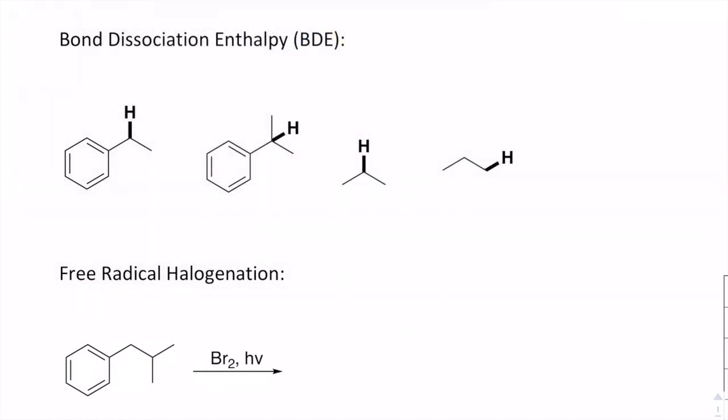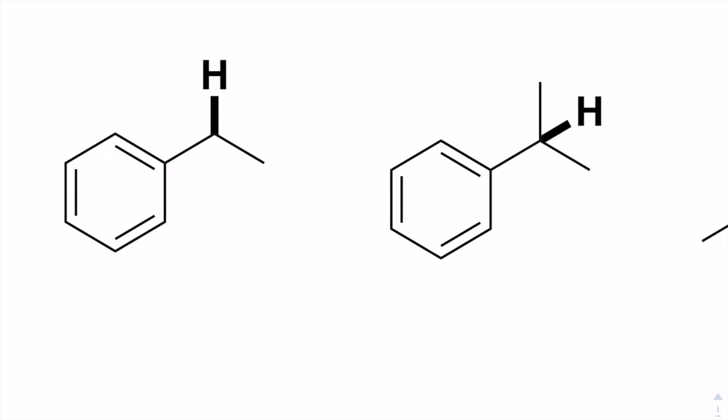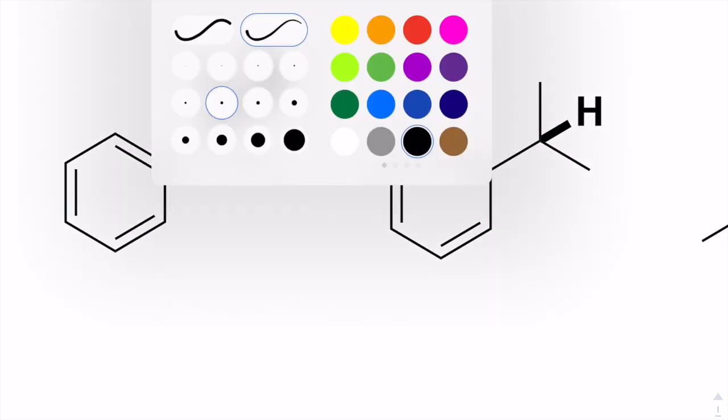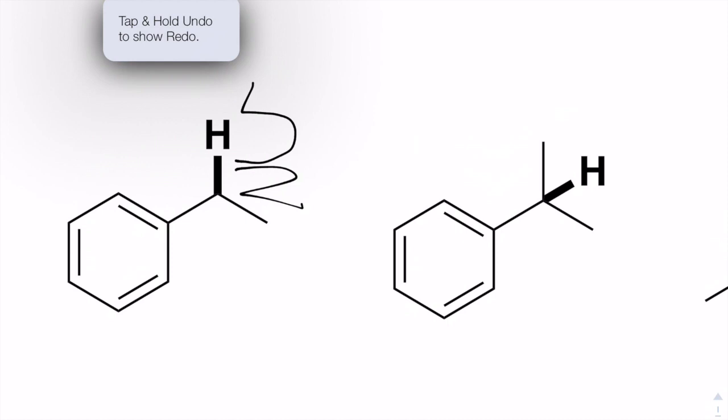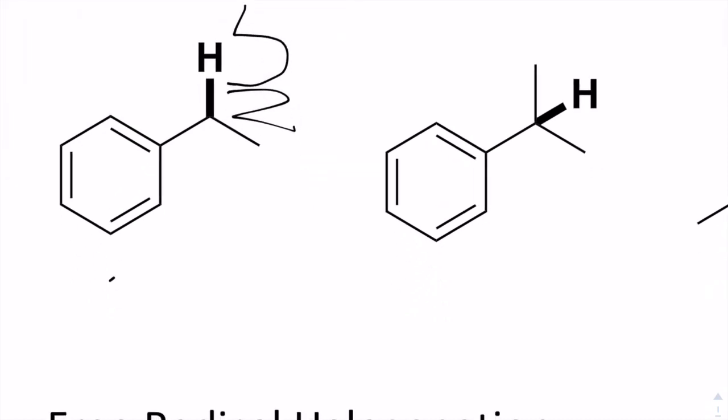So if we were to homolytically cleave this bond, it looks like this, and we're using half arrows to denote that only one electron is going to each fragment. So we're really generating radicals. The amount of energy to do this is referred to as bond dissociation enthalpy.